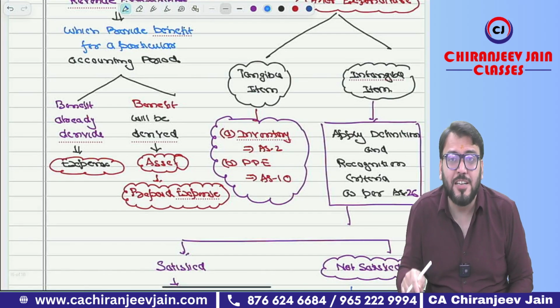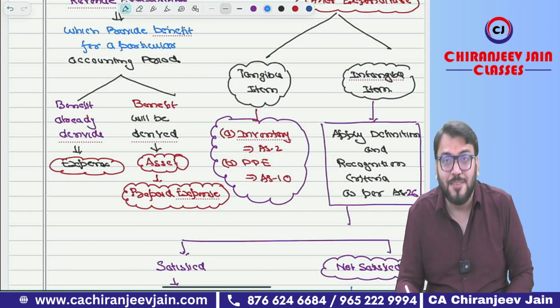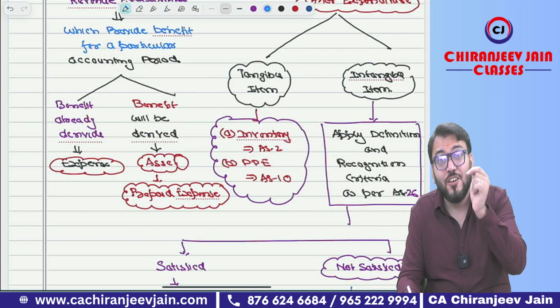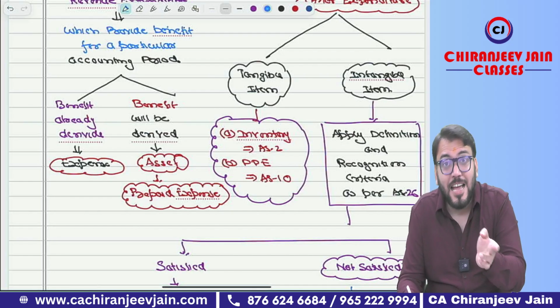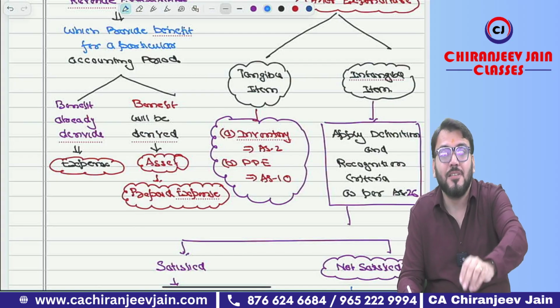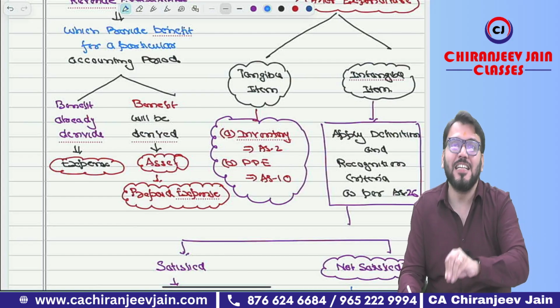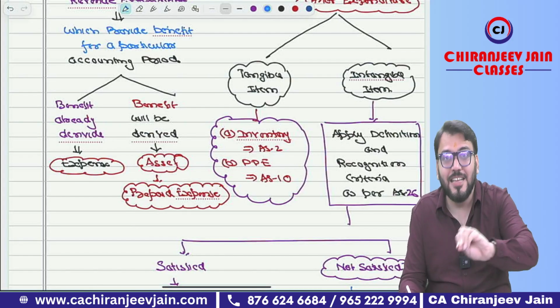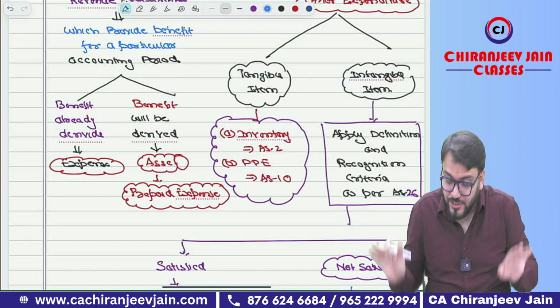And this is what AS26 wants to say: any expenditure on intangible item, if it does not meet definition as well as recognition criteria, then recognize such expenditure as an expense in the year in which it is incurred. This is the para given under AS26.